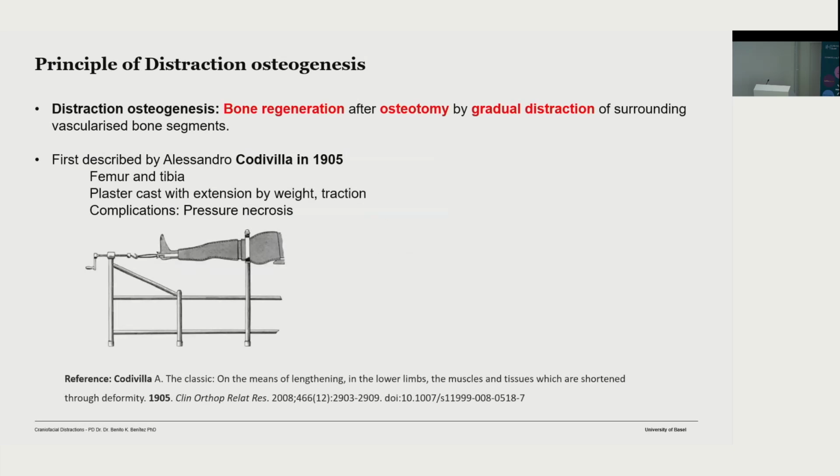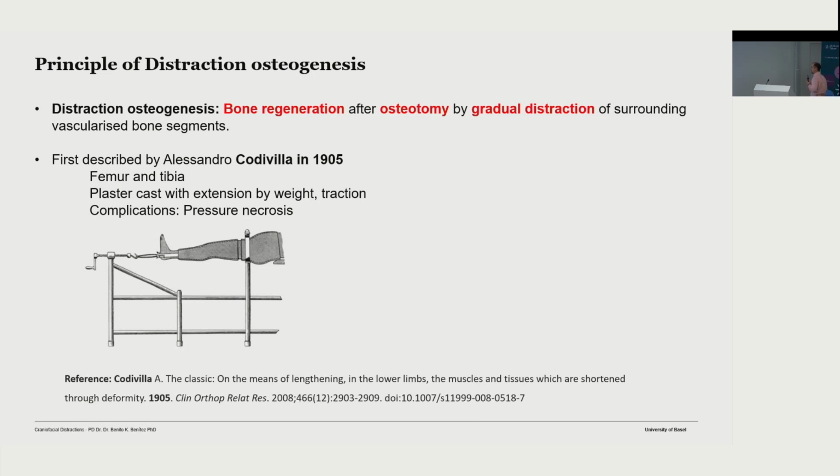And to go back to history, Codivilla tried this distraction and described this early on, actually cutting the bone and then pushing or pulling the bone apart. They did this with plaster casts, and this was actually a problem because it caused pressure necrosis, but they could lengthen bone by gradual distraction.